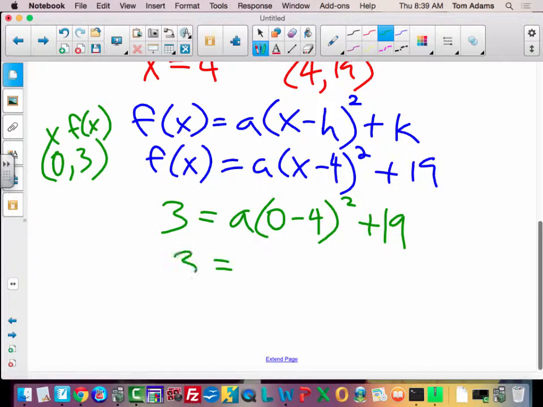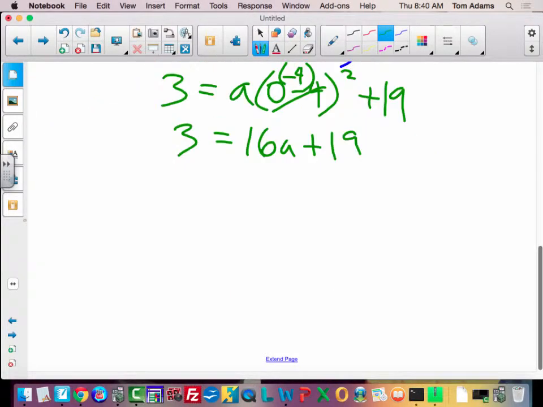So 3, what's 0 minus 4, and then that whole thing is -4. What's -4 squared? 16. So I'm going to put that in the front. That's 16a plus 19. What do I do next? Subtract 19. Subtract 19 from both sides will give me -16 is equal to 16a.